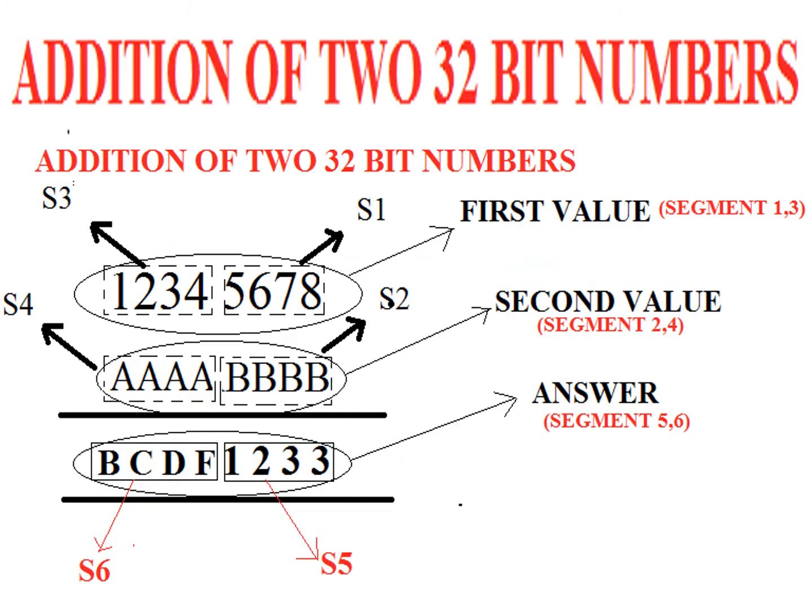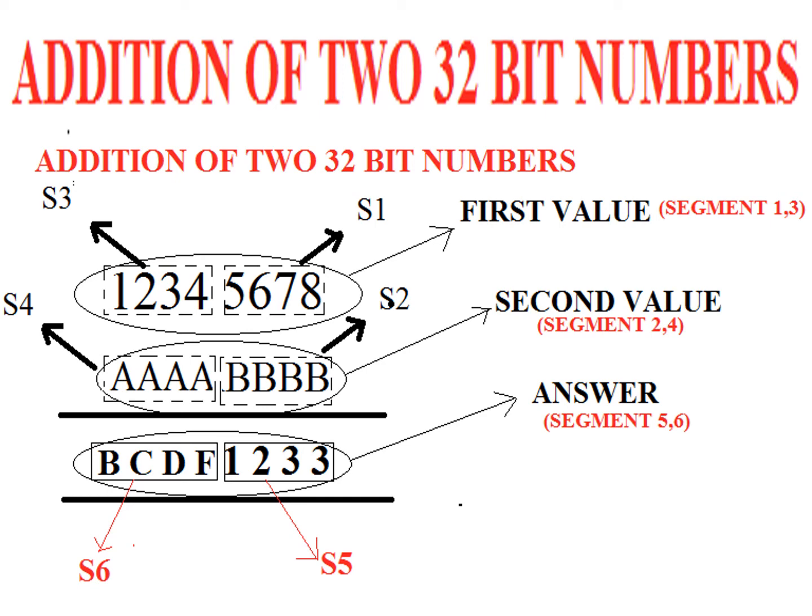Now we will see an example program for assembler directives. Let us take the addition of two 32-bit numbers. The first 32-bit number is 12345678. The second 32-bit number is AABBBB. If you do manual addition, as we used to do, 5678 will be added with BBBB.